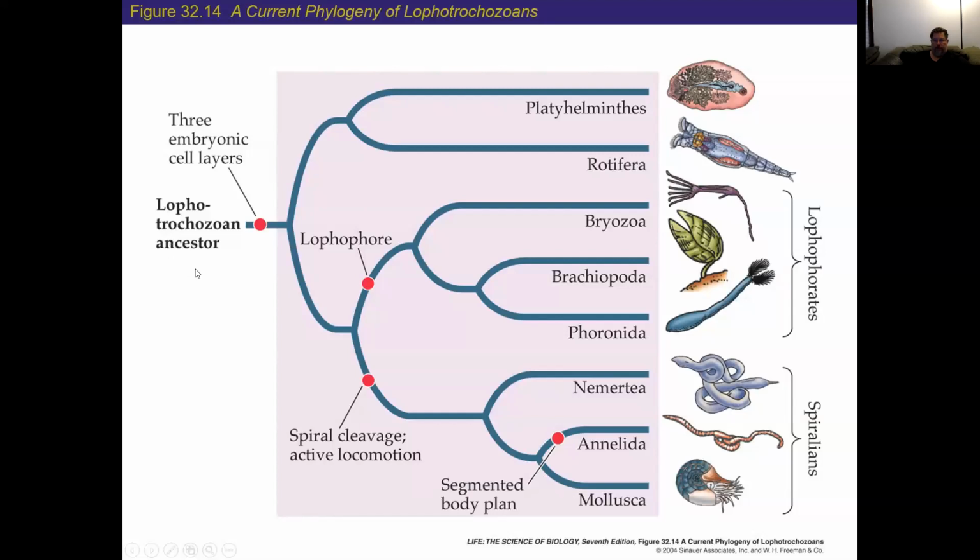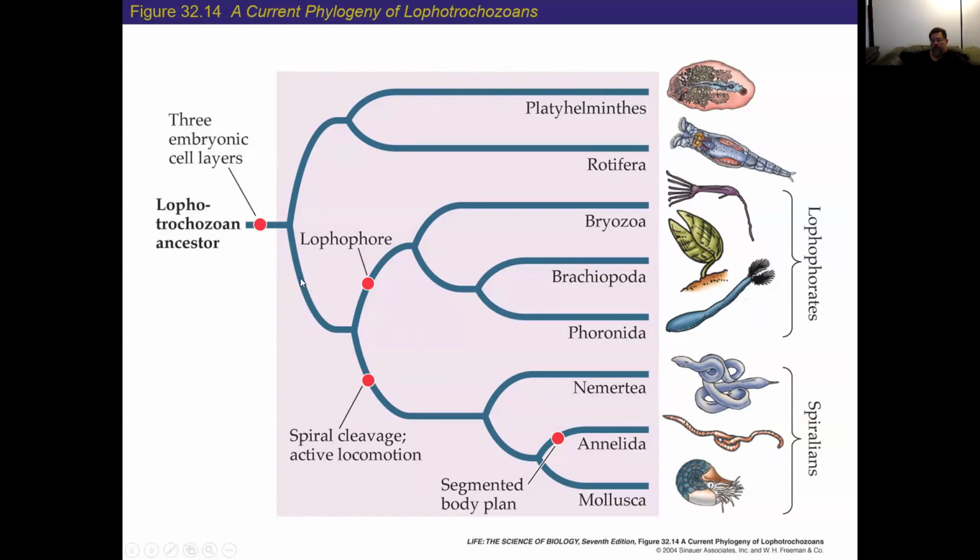So this is just another phylogeny that's focusing on Lophotrochozoa, which include animals like flatworms and rotifers. The next group of animals we'll start to talk about: bryozoans, brachiopods, phoronids, nematodes, annelids, and mollusks.